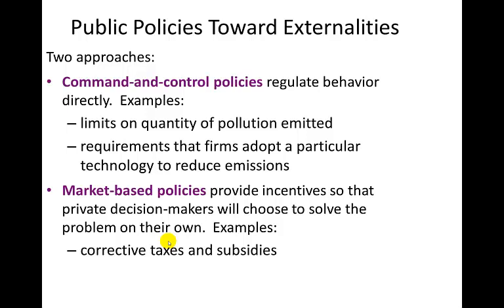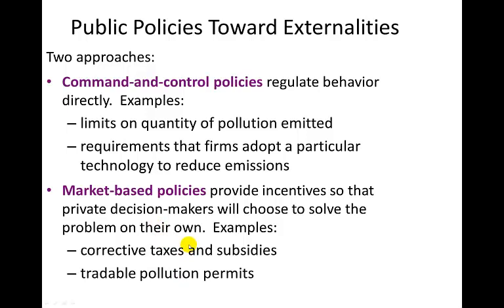And just by doing that, we will produce the socially optimal amount of pollution. Everything will take care of itself. With positive externalities, you can think about a negative tax, which is known as a subsidy. With a tax, you are taking money from people. Subsidy, you're giving money to people.